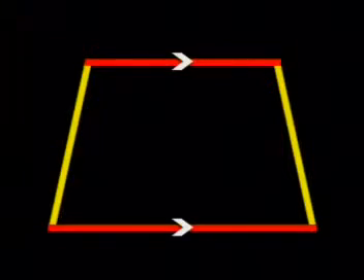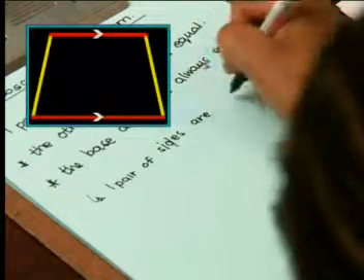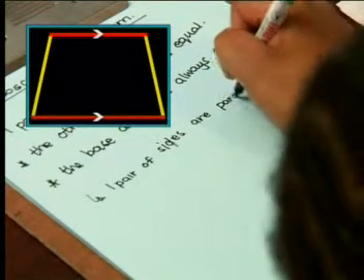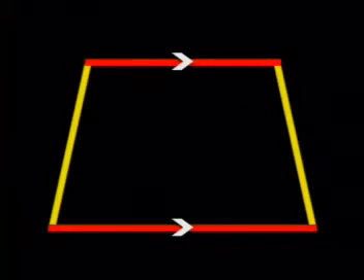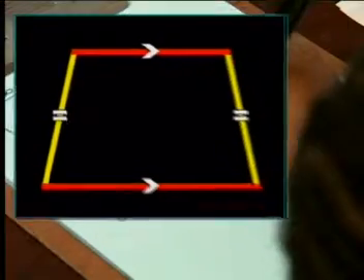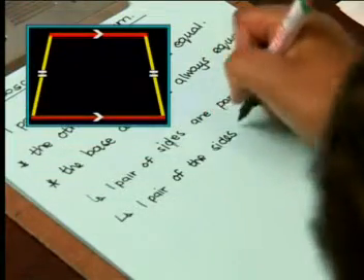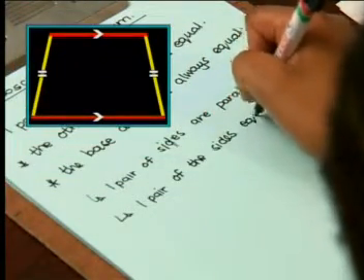Okay, we need to decide what's the least information we need to be able to draw an isosceles trapezium. I think we need the bit about the one pair of sides being parallel. And we need the bit about one pair of sides being equal. And I think we should say that it's a quadrilateral.